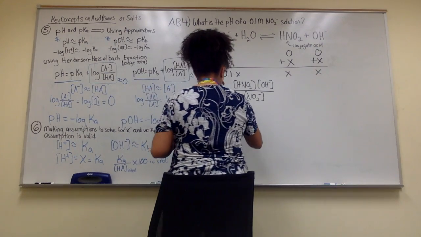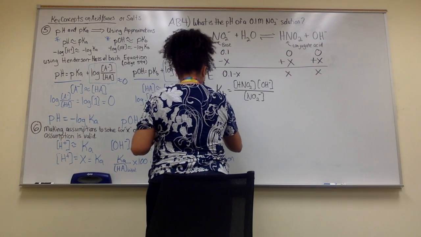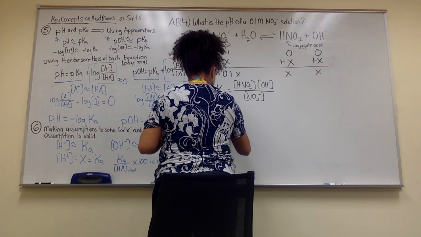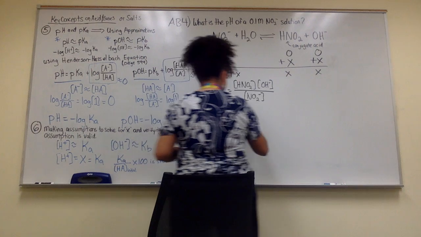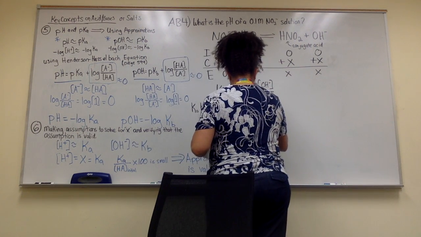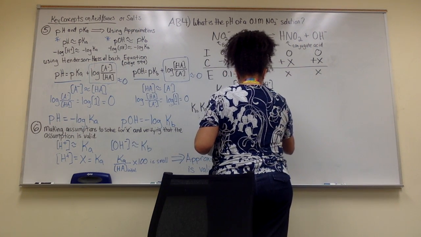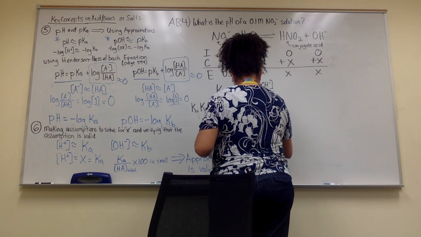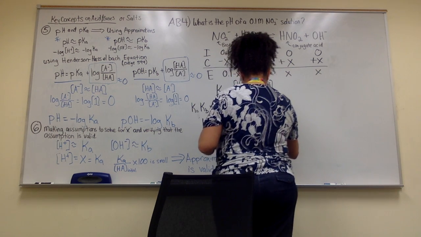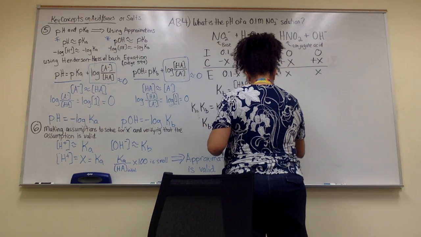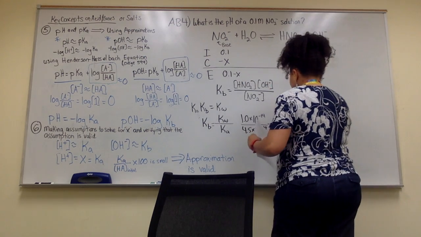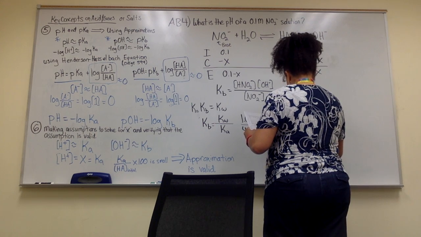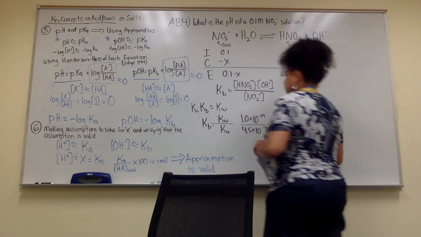So that means to solve for Kb, all we have to do is put in Kw over Ka. So that would be equal to 1 times 10 to the minus 14 all over 4.5 times 10 to the minus 4. And then that gives us a Kb of 2.22 times 10 to the minus 11.